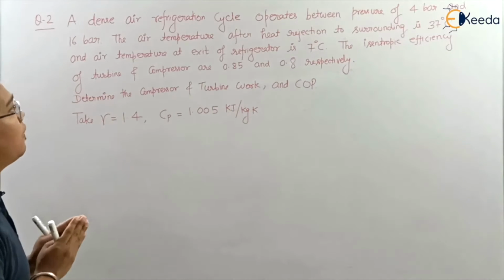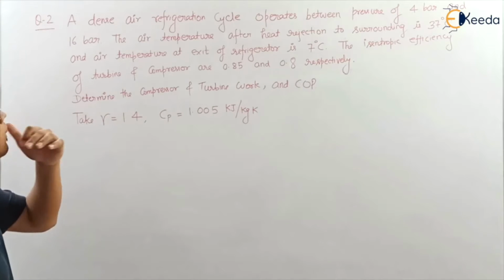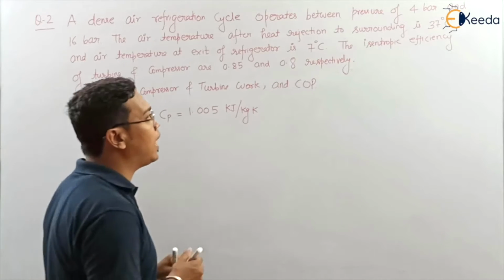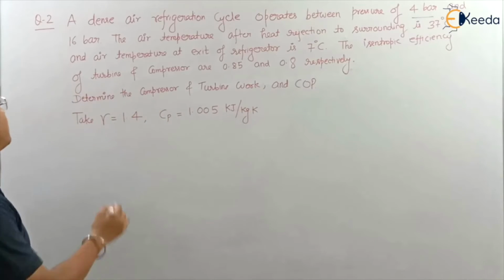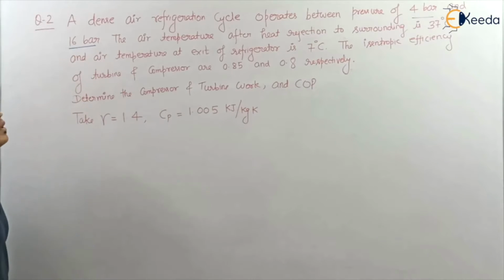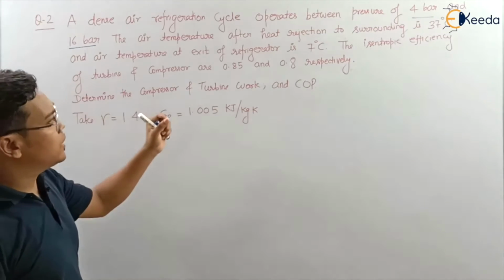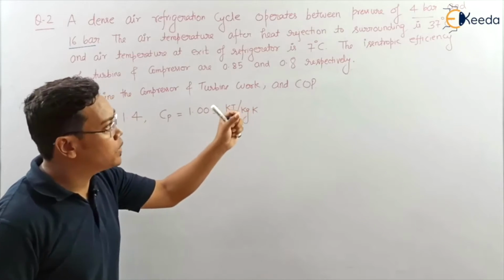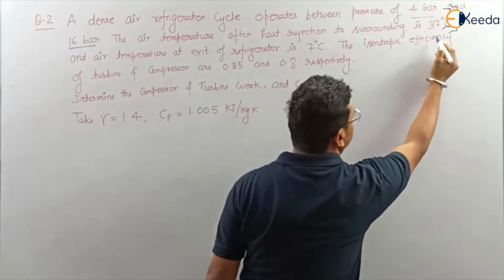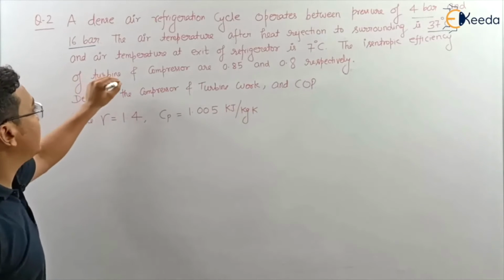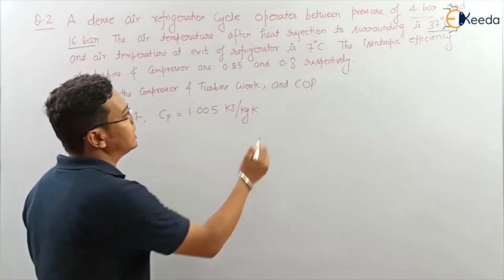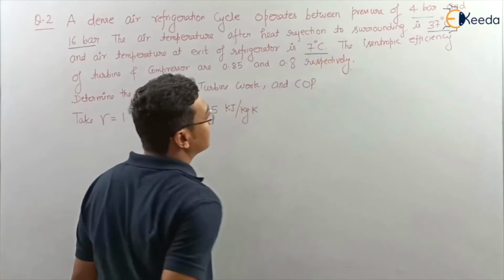A dense air refrigeration cycle operates between pressure of 4 bar and 16 bar. The air temperature after heat rejection to the surrounding is 37 degrees Celsius, and air temperature at exit of refrigerator is 7 degrees Celsius.